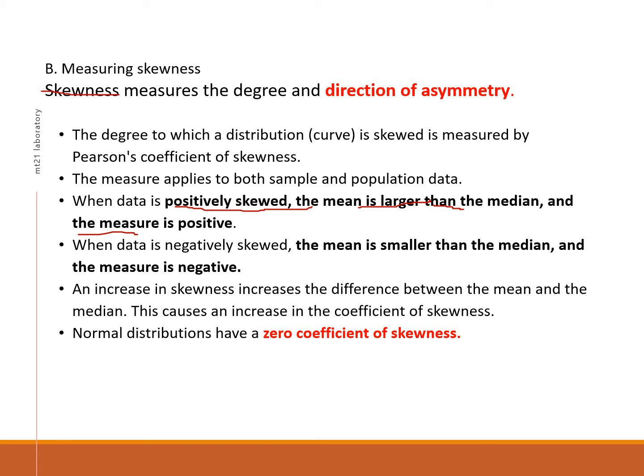That is positively skewed. On the other hand, whenever we talk about negatively skewed, it means that the mean is smaller than the median. So whenever the cases are like this, the distribution is negatively skewed, meaning to say that the graph is shifted to the left.